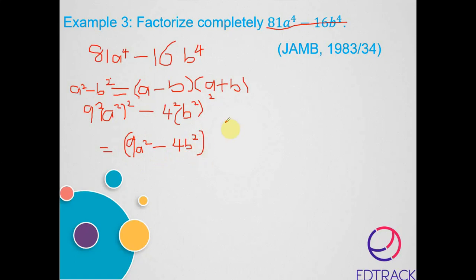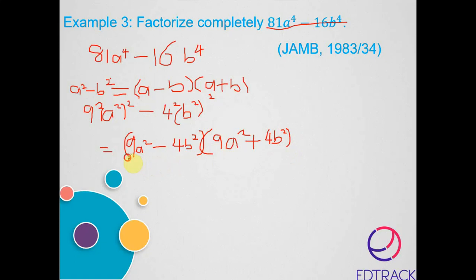Also, you have the second part, which is 9a squared plus 4b squared. Now, you are done with the first step, and what does the question say? It says factorize completely, which means there's still some way to go. If you leave this question like this, you are still not at the right answer.